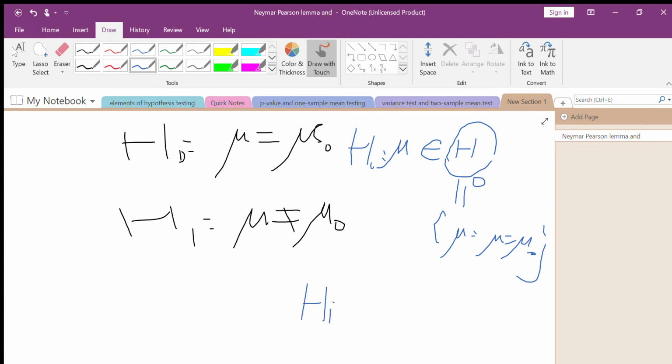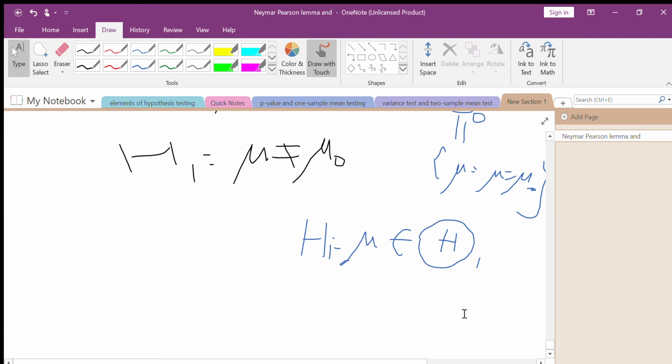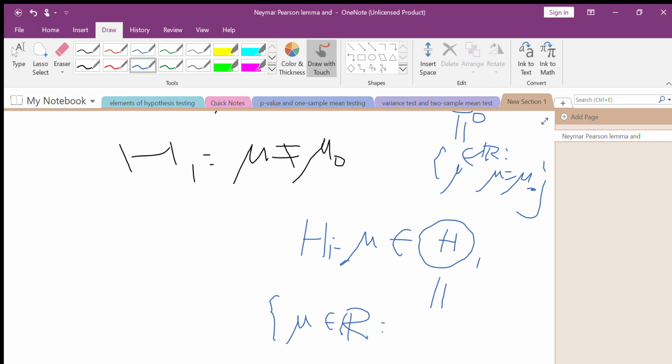H1 is mu in the parameter space capital theta. We write it this way: mu is in R, mu not equal to mu0.